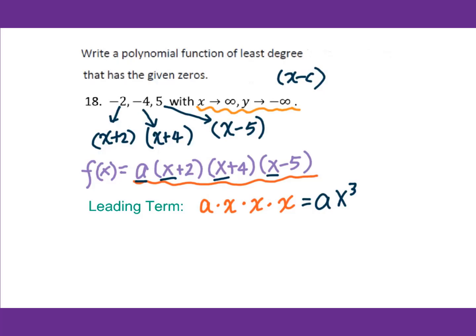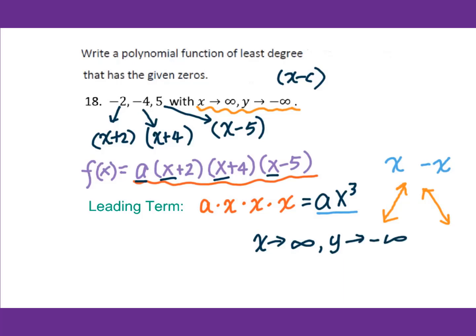The graph of a polynomial with the leading term ax to the third power has the same end behavior as x or negative x. We know that the graph of x is like this, negative x like this. For the given information, when x approaches positive infinity, y approaches negative infinity, it will be this one.